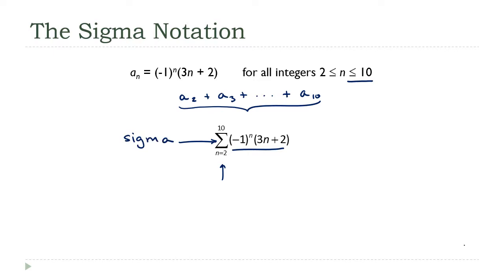Think of it as an S standing for summation, with the starting and ending values of the index at the bottom and up here at the top. We refer to this shortened form as the sigma or summation notation, and this longer version here is the expanded form.